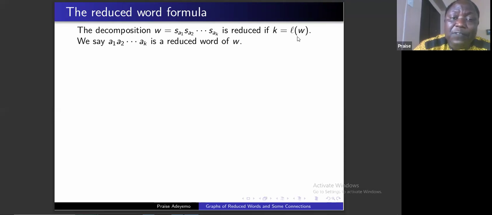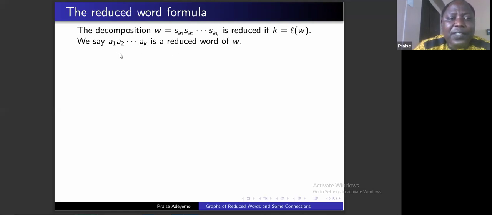In other words, if the number of transpositions in the product equals the length, it is reduced, meaning it is minimal. A decomposition can be longer, but the shortest one is called the reduced decomposition, and we say that the indices a1, a2, up to ak form a reduced word for this permutation.